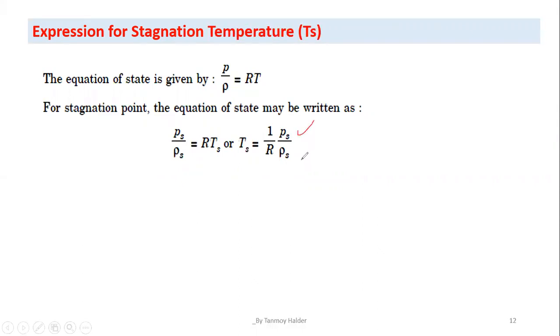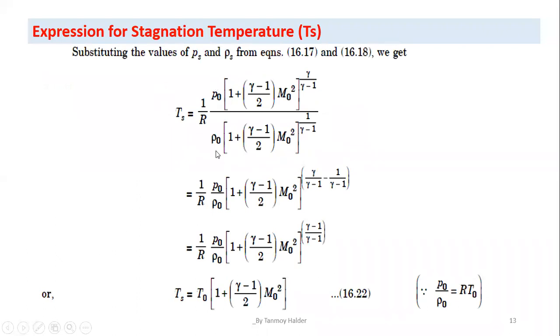We know the value of PS and we know the value of rho S; we derived both earlier. If we substitute both, we get the value of TS. That is what they have done too. See, they substituted the value of PS and the value of rho S. Now here and here, T0 by rho 0 is equal to T0. And this by this equals what? Gamma by gamma minus 1 minus 1 by gamma minus 1, so this becomes gamma minus 1 by gamma minus 1, which is actually 1. So the value of Ts is equal to T0 into 1 plus gamma minus 1 by 2 into Mo square.